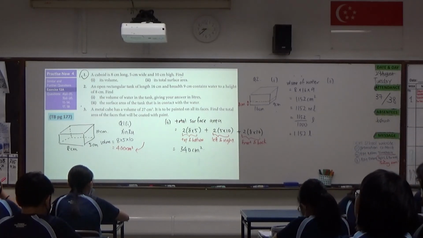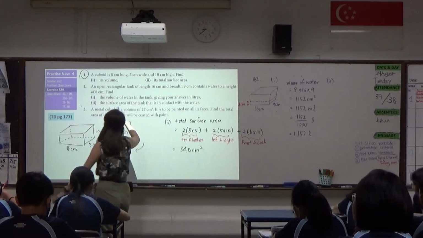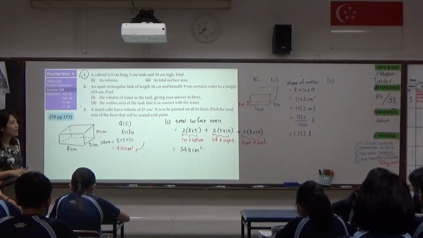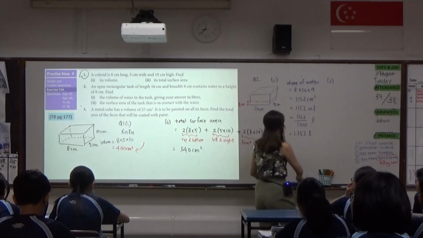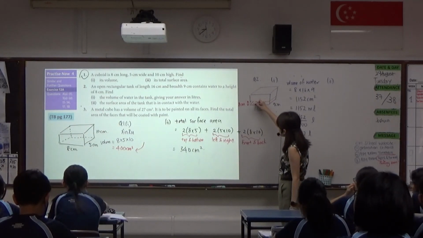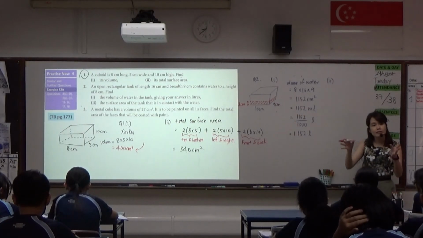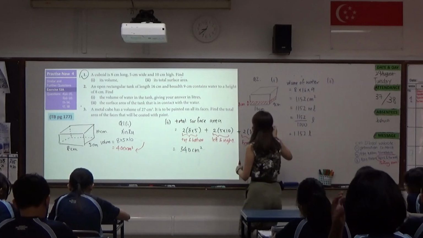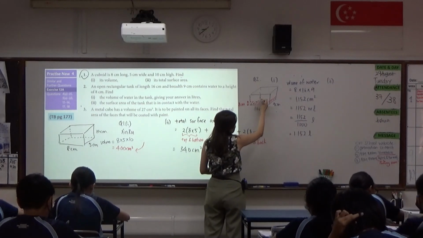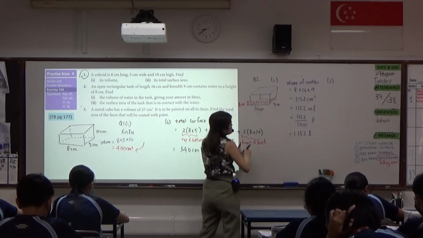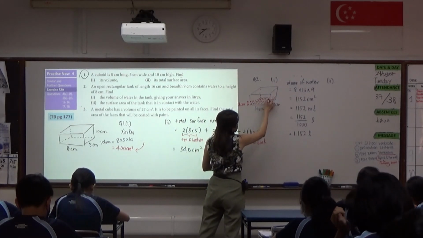Part 2, we want to find the surface area of the tank that is in contact with the water. So this is the water over here. The surface area in contact with the water would consist of the front, not forgetting that this is 3-dimensional, so it fills up all over.